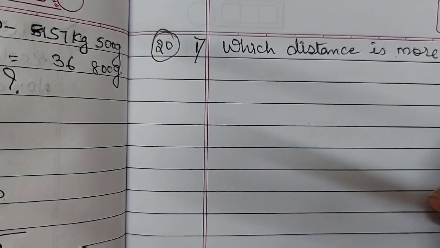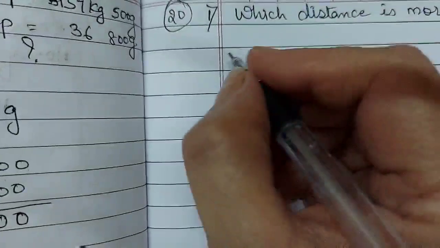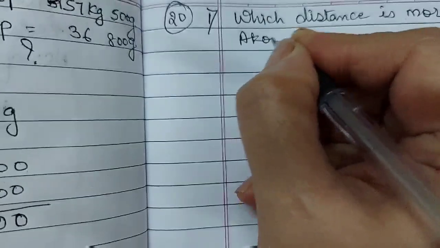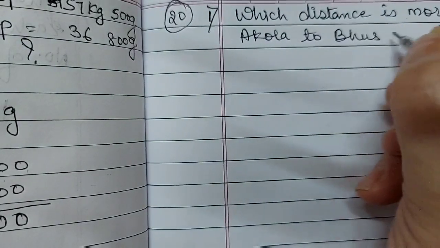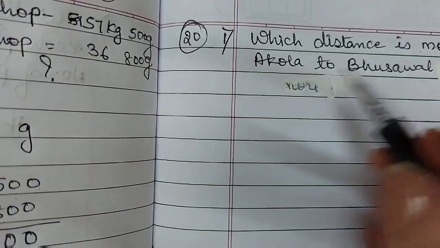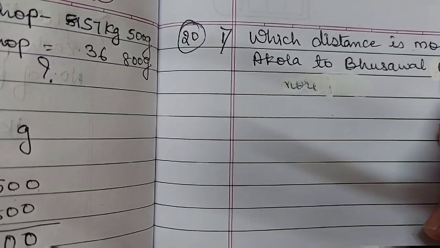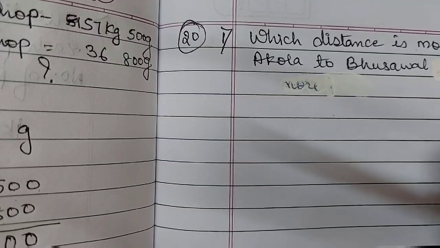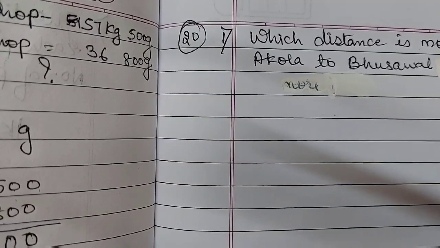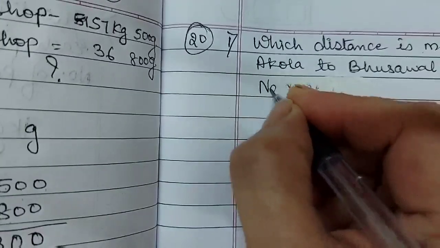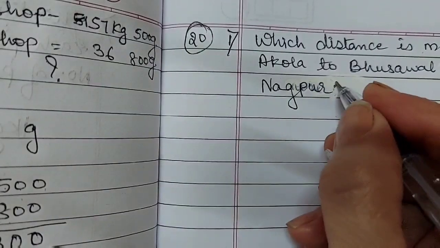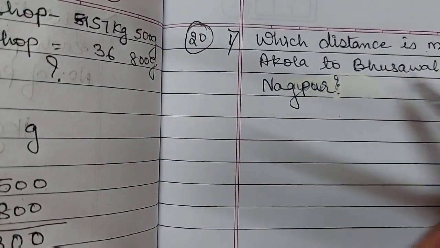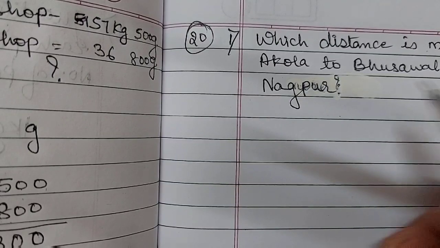Akola to Bhusawal or Akola to Nagpur. We have to find out which distance is more, Akola to Bhusawal or Akola to Nagpur. Right children? First part is to find out the difference between Akola to Bhusawal and Akola to Nagpur.